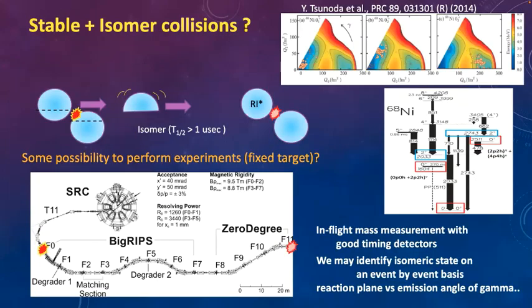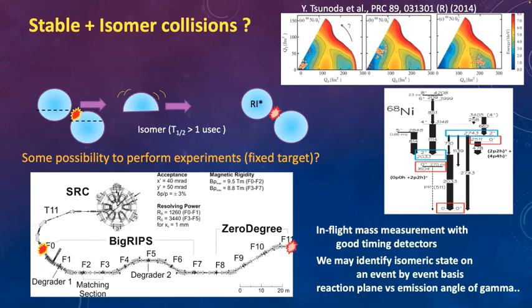And there's some discussion about, for example, nickel 68. So the shape of nickel 68, ground state or excited state, there is some theoretical prediction that the shape can change, or there is a different shape in the same isotope.